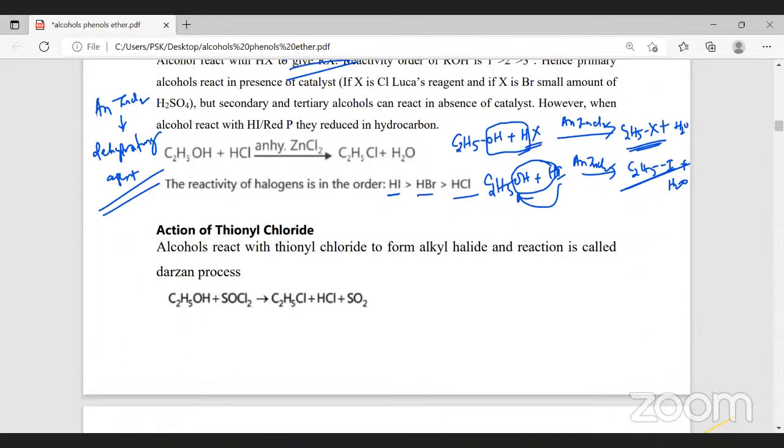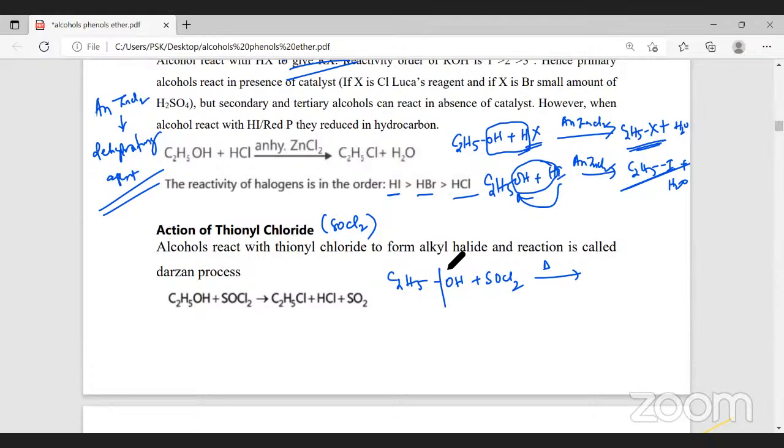The next reaction is action of thionyl chloride. Thio means sulfur containing compounds. The formula of thionyl chloride is SOCl2. So an alcohol like C2H5OH, when treated with thionyl chloride, the bond between carbon and oxygen breaks.